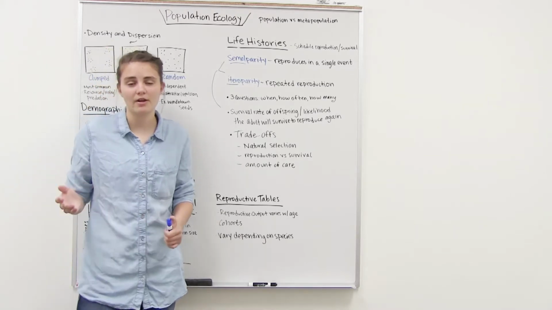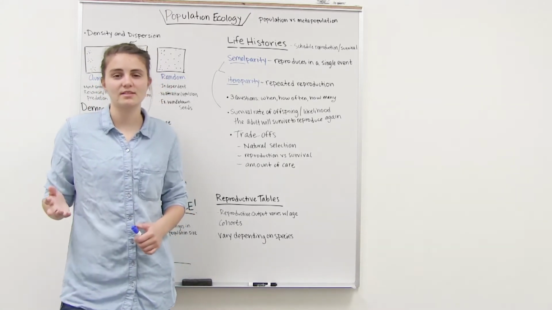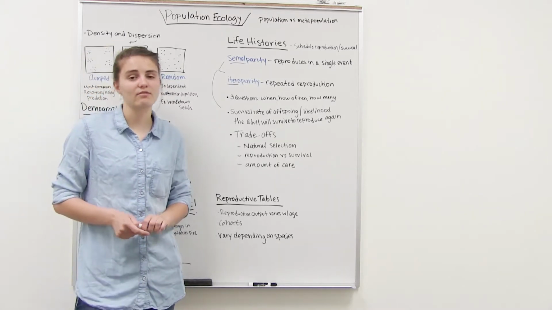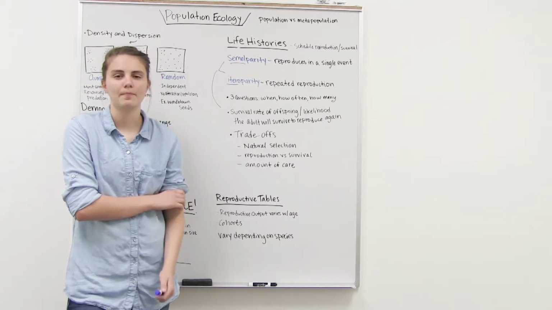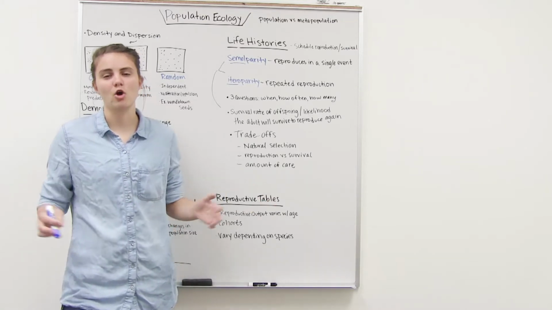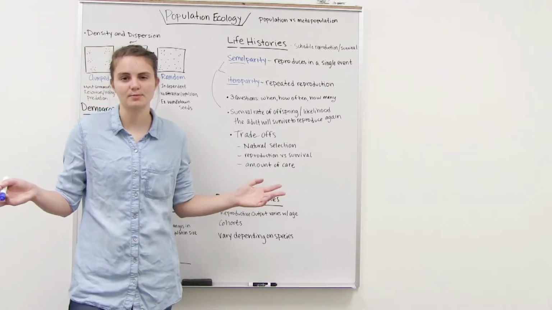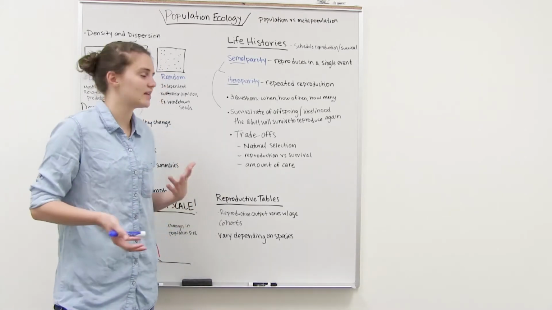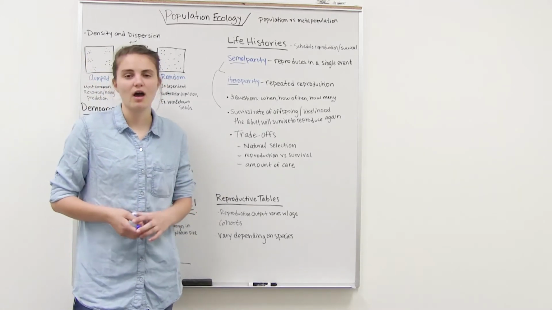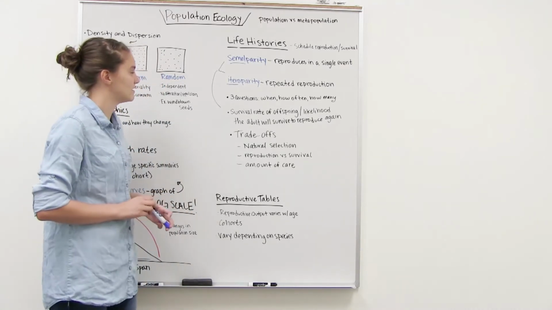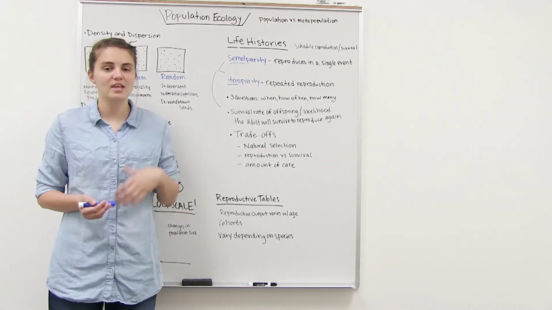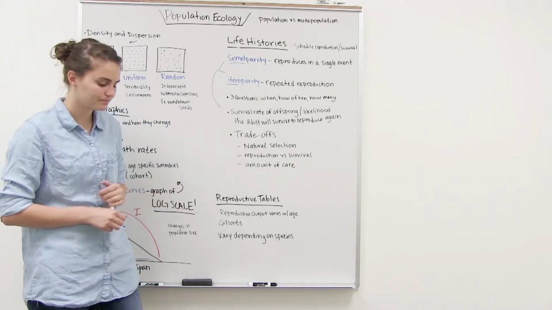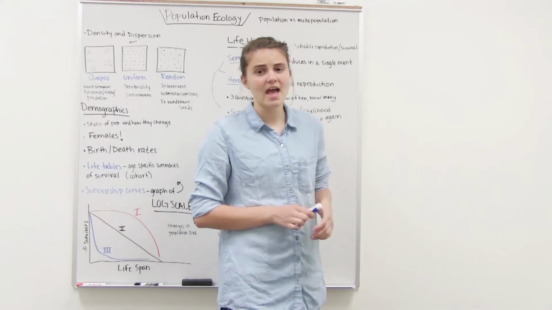However, maybe giving parent care reduces the individual's chances of surviving and reproducing again, and so they'll give limited parent care and have a lot of offspring in hopes that one of the thousands of offspring that they've produced will live to pass on the traits. So we have this give and take balance of what we're going to give and sacrifice in order to try to keep our offspring alive so that we can continue to pass on our genes to the next generation.